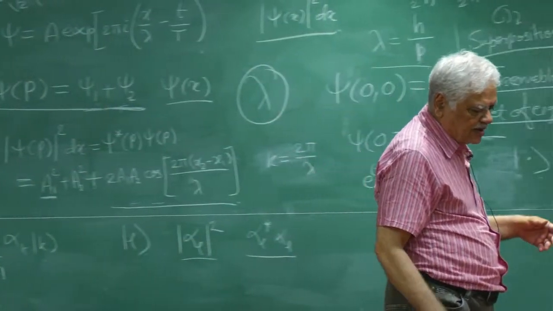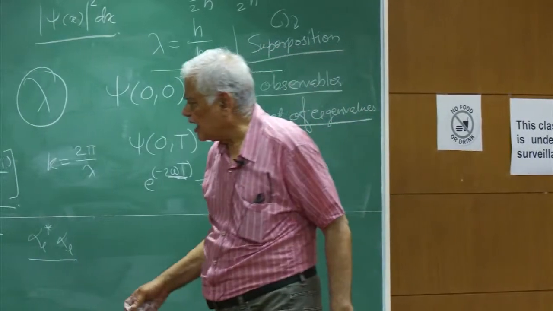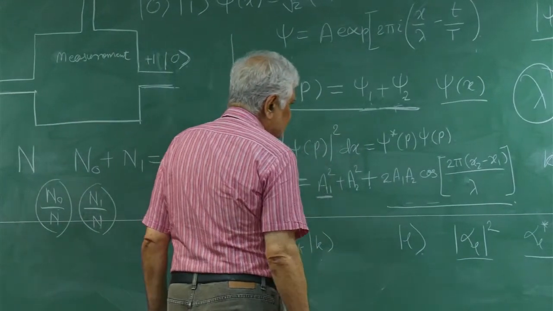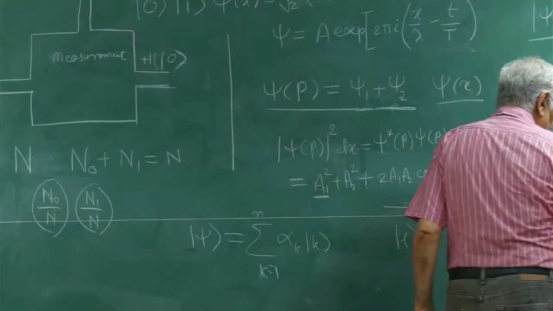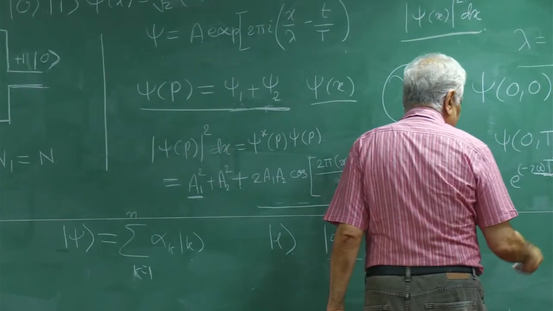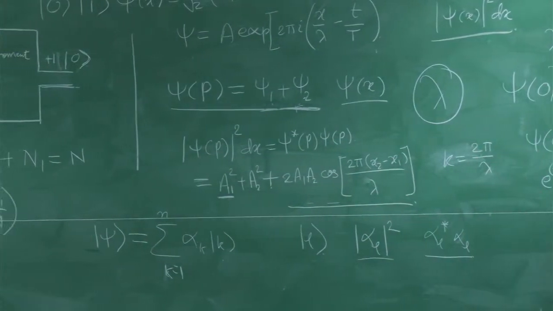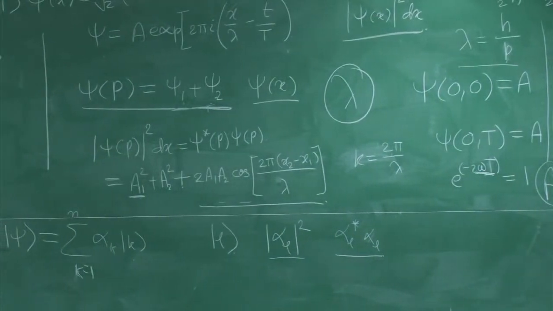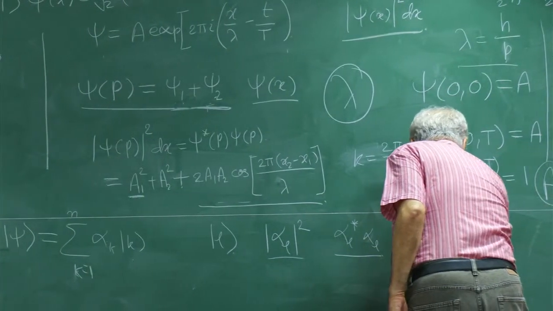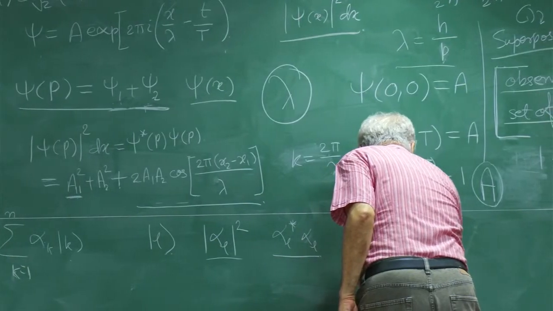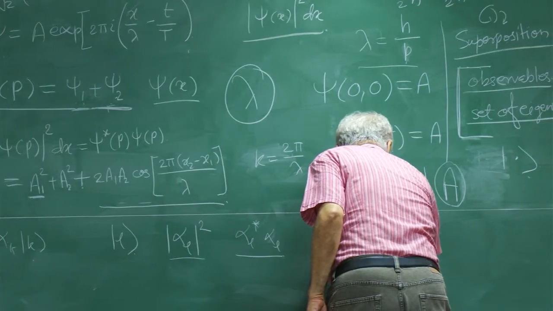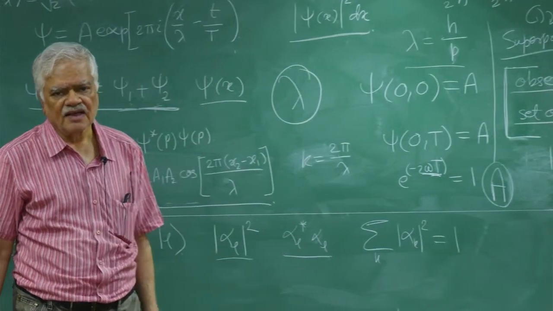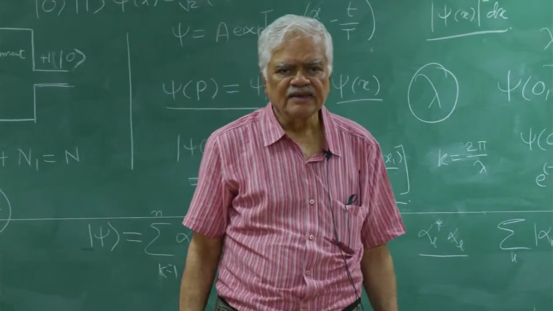But now there is one more thing. This is supposed to be the probability, so the total probability that some result will come up must be 1. So I must have the summation over k of mod alpha k squared equal to 1.